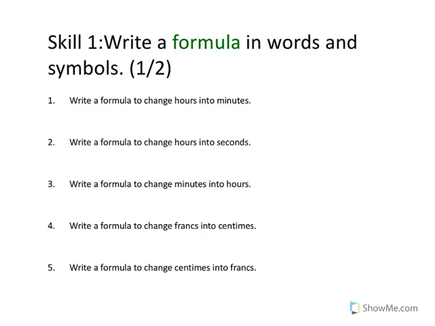Okay, so to change hours into seconds, we know that we have to take the number of hours, and first we times by 60, so we get minutes, right? And then from there we have to times those minutes by 60 again to get the seconds.